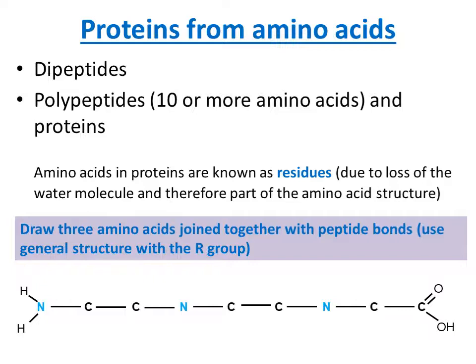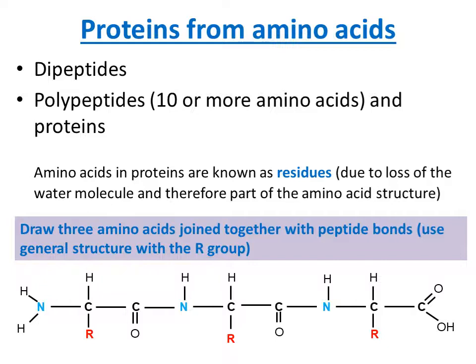And if we look at the carbon directly next to the nitrogen, that's where you'll find your R groups. And then our hydrogen is on the other side of that. So we're only left now with this carbon and this nitrogen group in the middle. The carbon has a double bonded oxygen on it, and the nitrogen has a hydrogen on it.